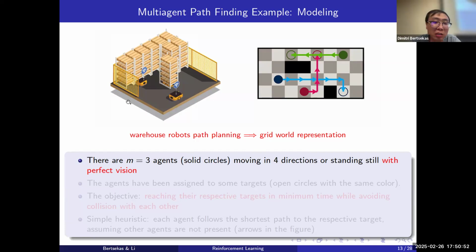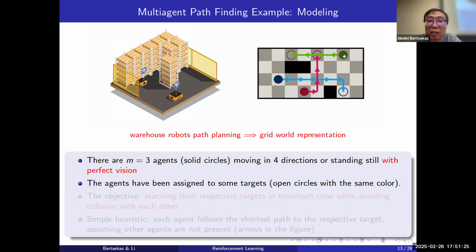If we model this problem, in this particular case we use a grid representation, whereby each solid circle represents one agent, and each agent has been assigned a target, encoded by the hollow circle with the same color.